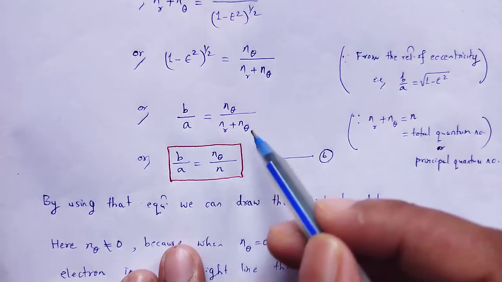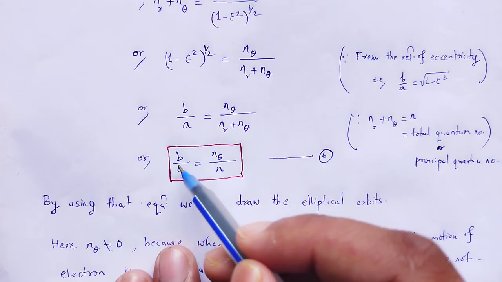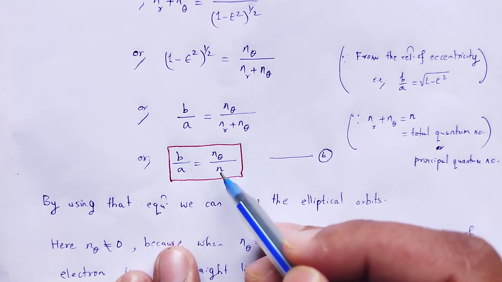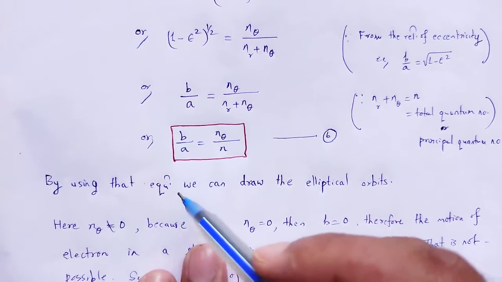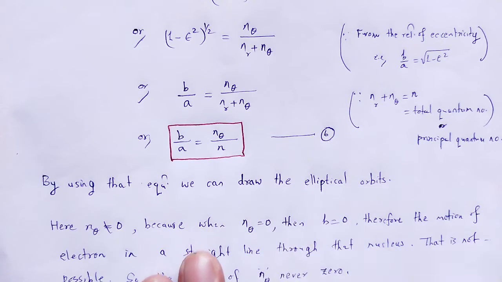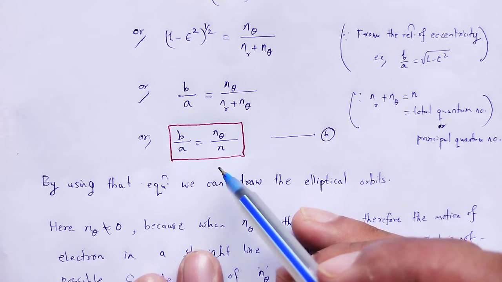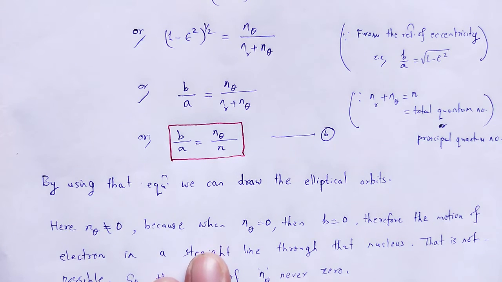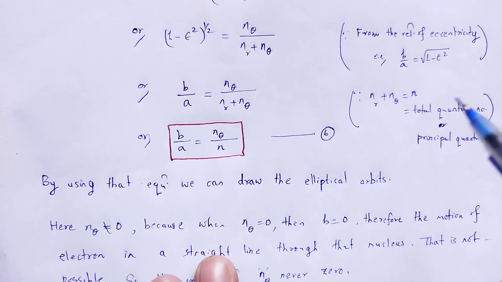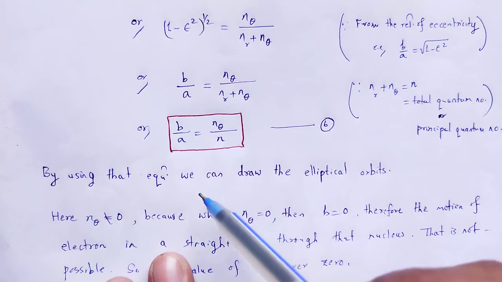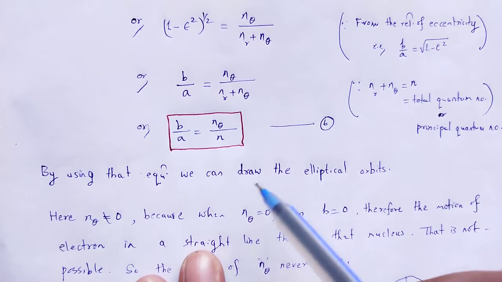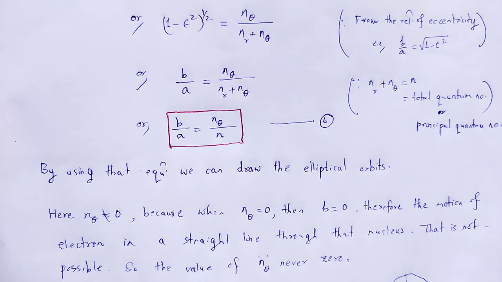So there is a relation: b by a is equal to n theta divided by n. This is the required expression. By using that expression, we can draw various orbital shapes of an electron revolving around the nucleus, the elliptical orbits.